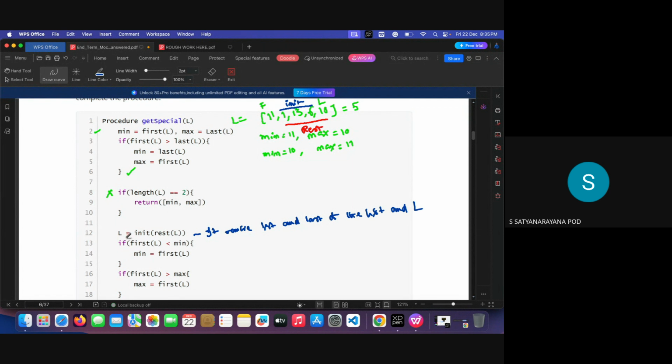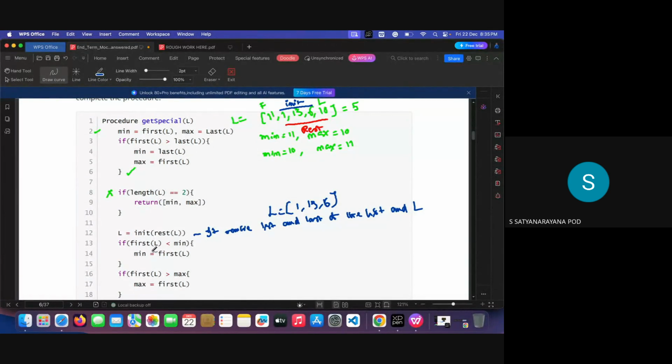Now the latest L contains the list 1, 13, 6, because of rest and init.